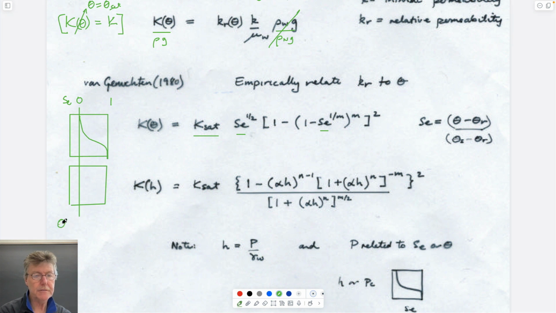If this is effective volumetric moisture content, then this is 0, and this is porosity.